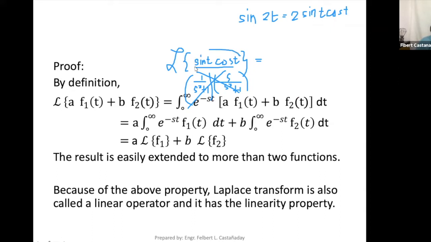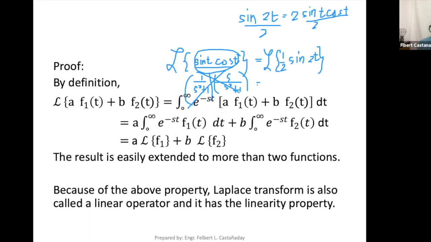It means that sine t cosine t has an equivalent, dividing both sides by 2, so we have sine t times cosine t is equal to 1/2 sine of 2t. Using this identity, we can determine the Laplace transform since we cannot multiply their transforms.